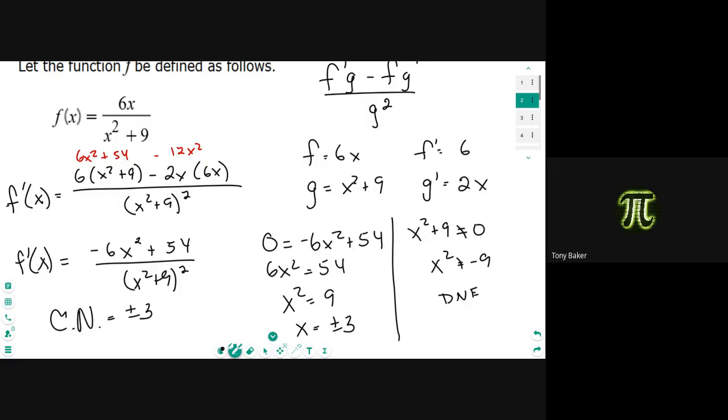Now, when we're trying to determine where it increases and where it decreases, the easiest way to do this is kind of like you used to do with inequalities. Draw a number line, plug some values into the problem. But you're plugging them into the actual derivative in this case, because that's what we're looking at as greater than or less than 0.